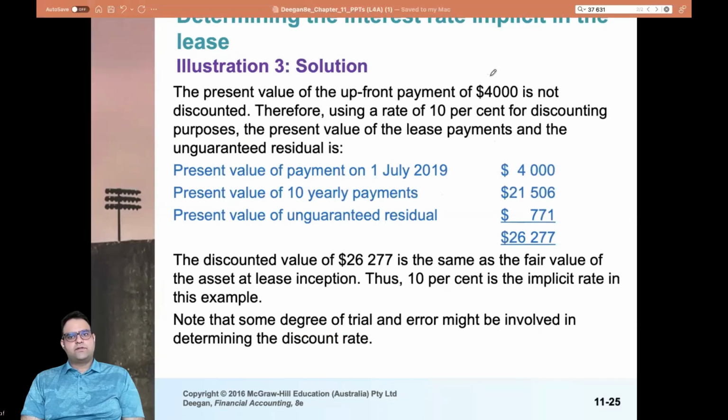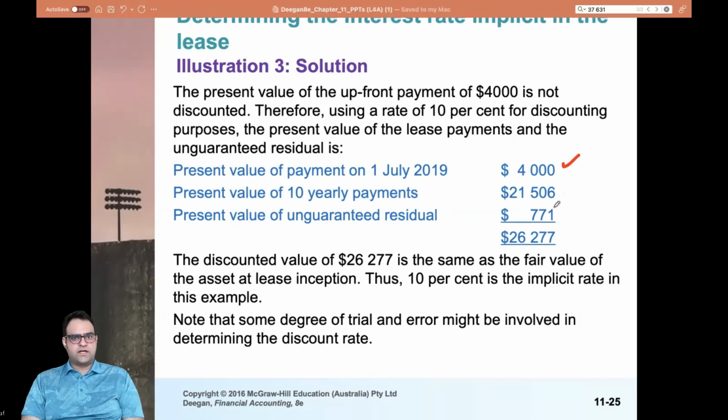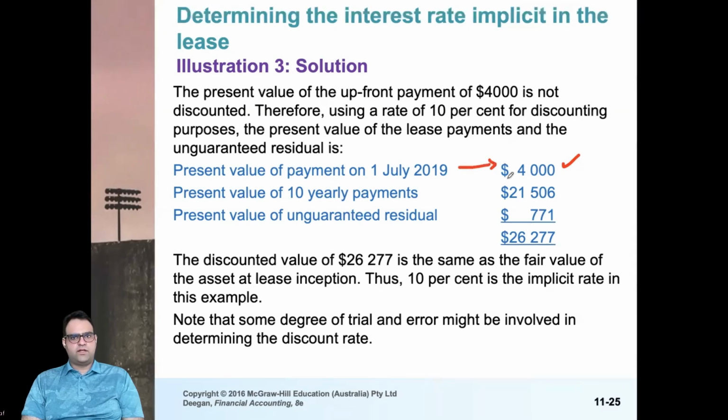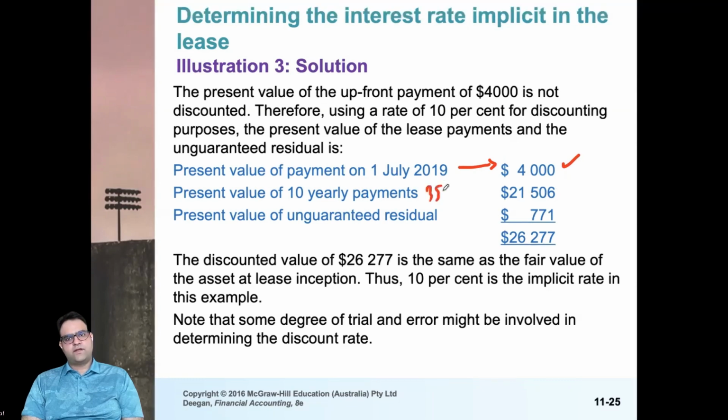The question starts with what the future cash outflows are. In the first year, we pay 4,000 ringgit at the start of the period, on day one. For the next 10 subsequent years, we pay 3,500 every year.